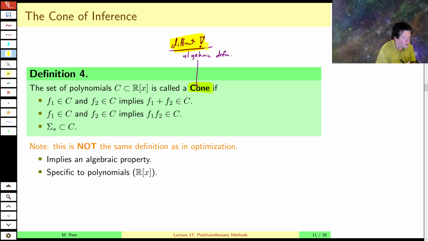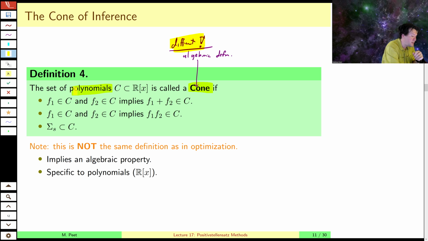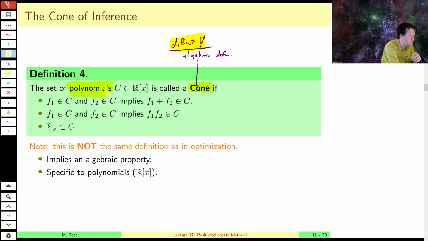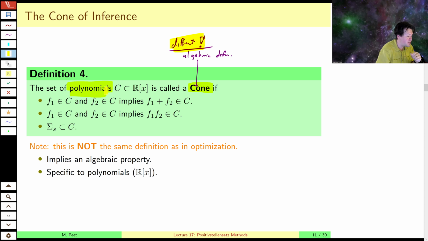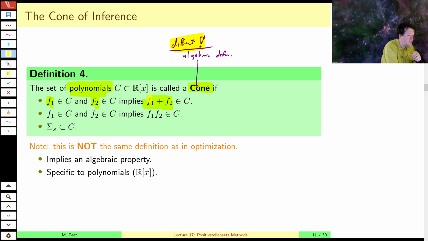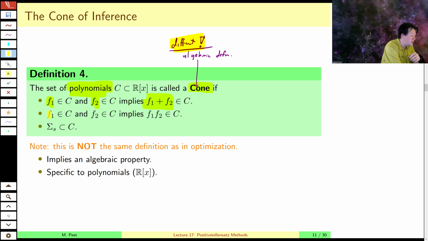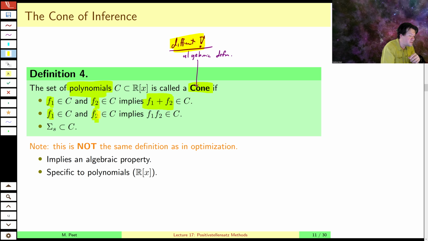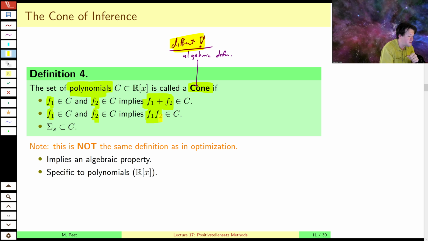First of all, it's defined on polynomials, right? So we say a set of polynomials is a cone. All right, so it's only defined for polynomials. So we define a cone as a set of valid inferences, right? So it's a cone if for any f1 and f2 in the cone, if you add those inferences together, it's also in the cone. If you have two valid inequalities or two functions in the cone, you take the product, it's also in the cone.